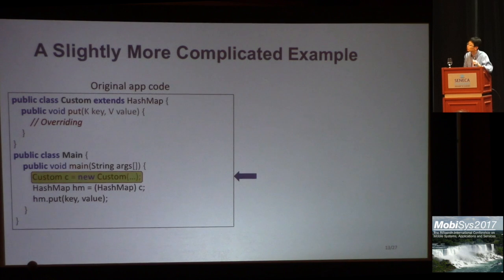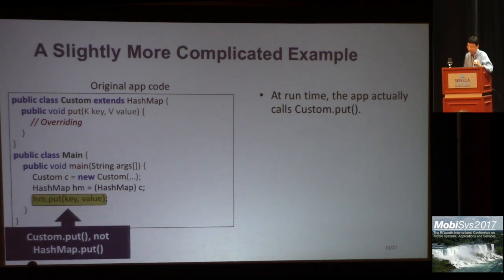In the main method we initialize a Custom object, typecast Custom to HashMap, and call the put method here. Here is a typecasting from Custom to HashMap. This is possible because Java supports subclasses. So at runtime, the call to HashMap.put is actually a call to Custom.put.